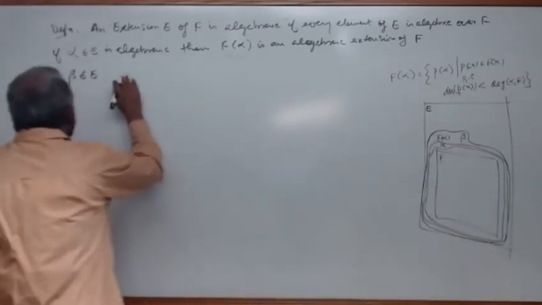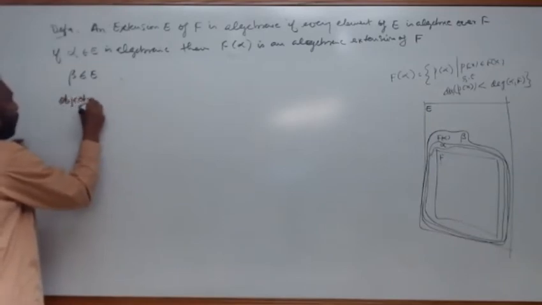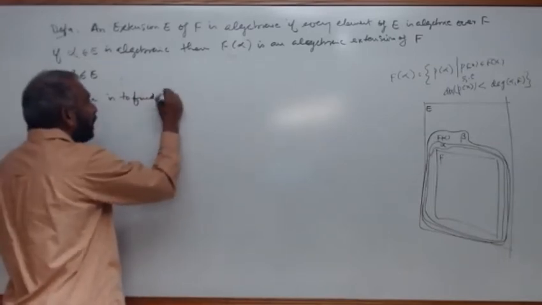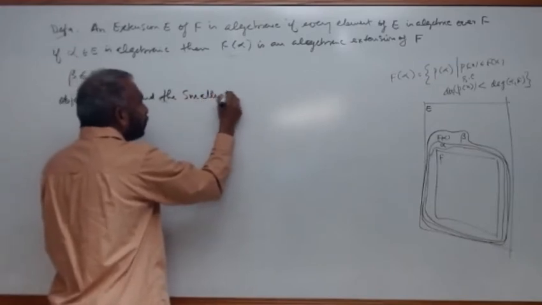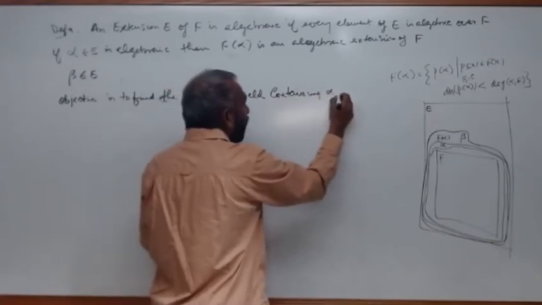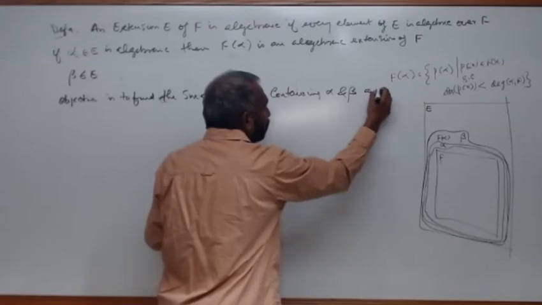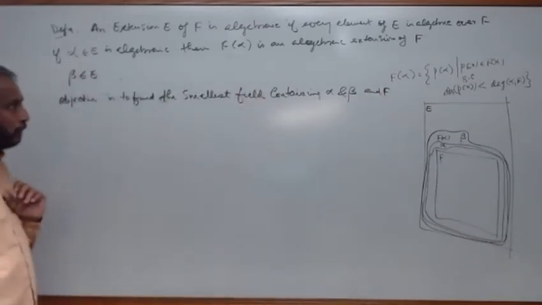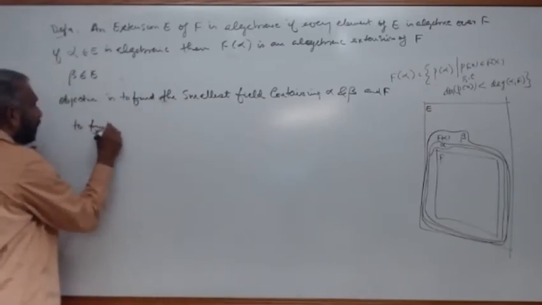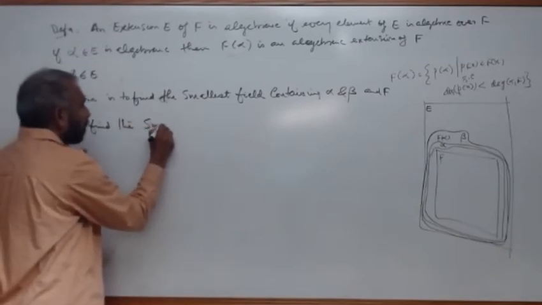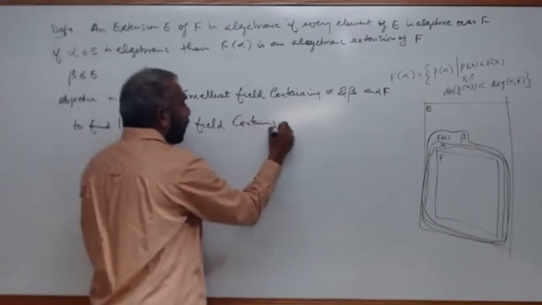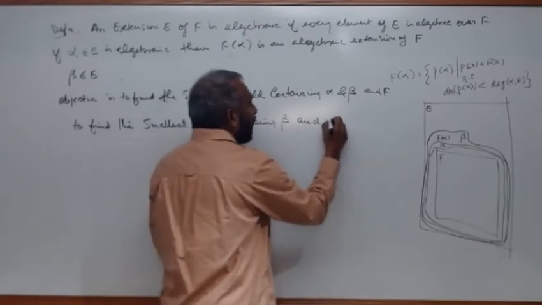So our objective is to find the smallest field containing alpha and beta and F. We can reword this as to find the smallest field containing beta and F(alpha).